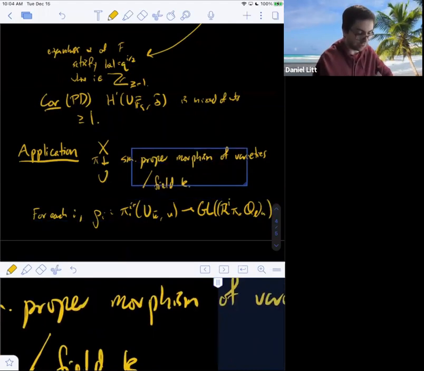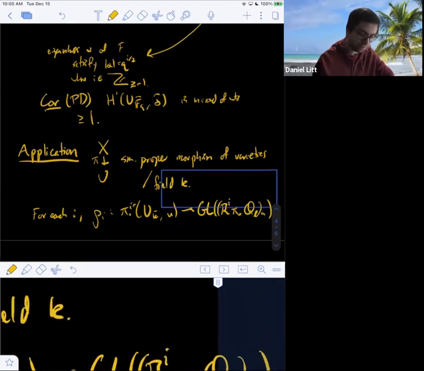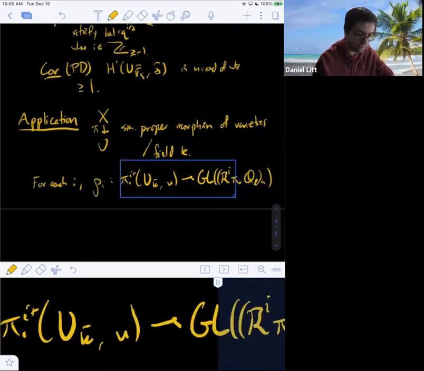Because this is a smooth proper morphism, this push forward is a locally constant Q_l sheaf by the smooth and proper base change theorem, and the data of a locally constant Q_l sheaf is the same as the data of a representation like this.